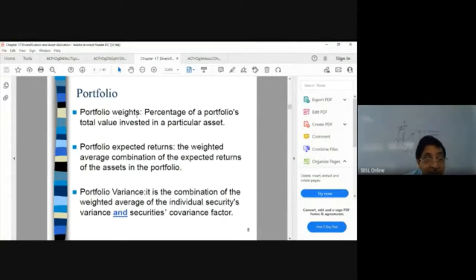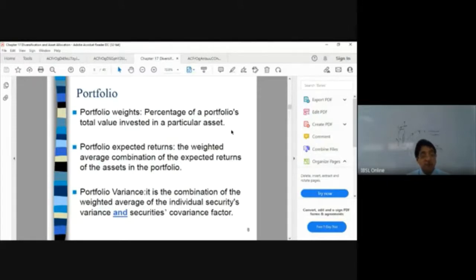Then there's a thing called portfolio weights, the percentage of a portfolio's total value invested in a particular asset. For example, say you have two assets in a portfolio, and the value of one asset is 60 and the other asset is 140.